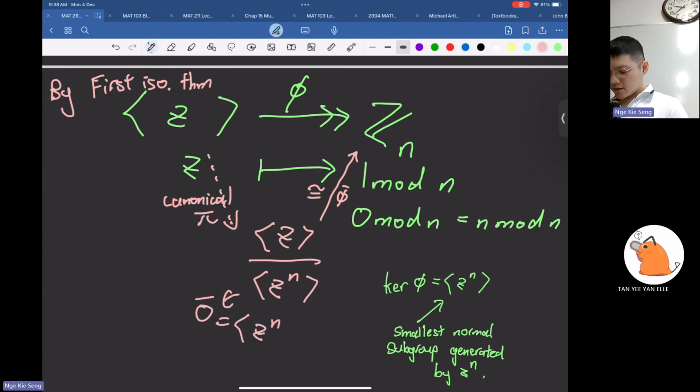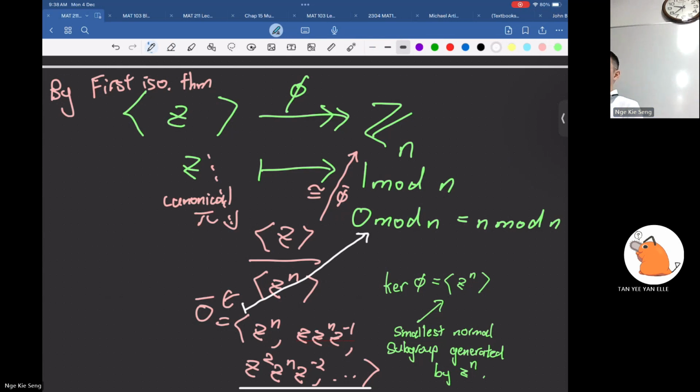These are Z^n, Z Z^n Z inverse, and Z^2 Z^n Z^-2, and so on. And then this 0 coset under this isomorphism will be sent to 0 mod n. That makes sense? So we send the coset to its representative.